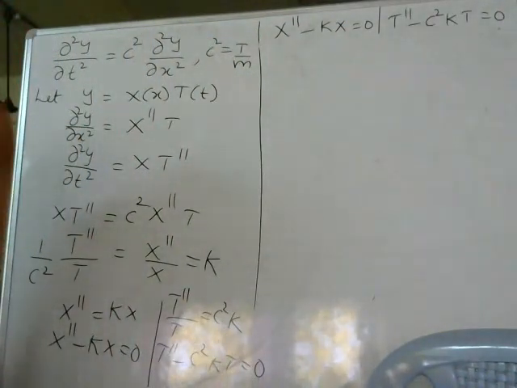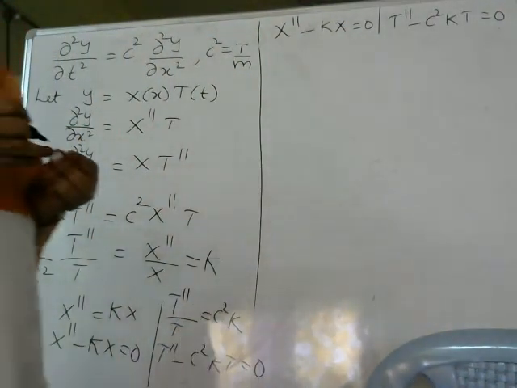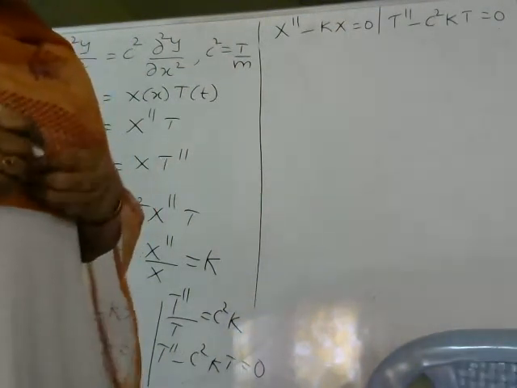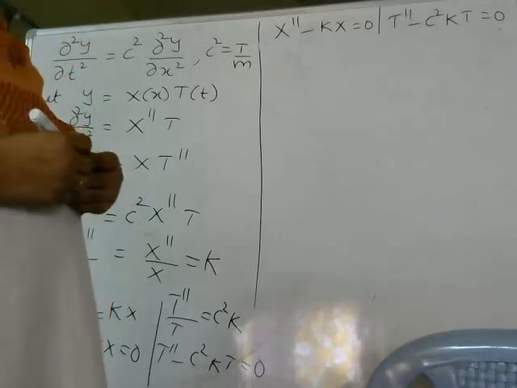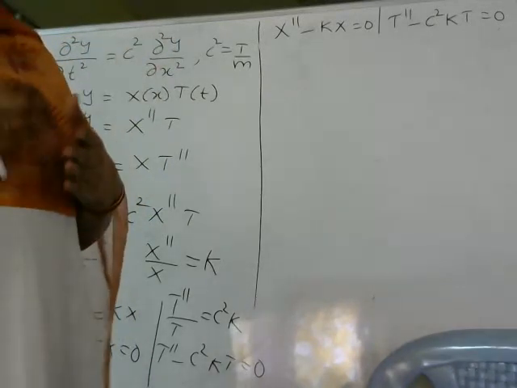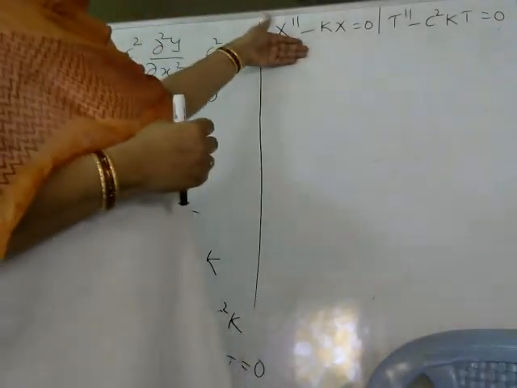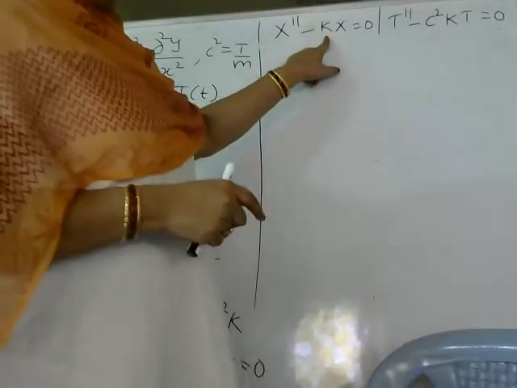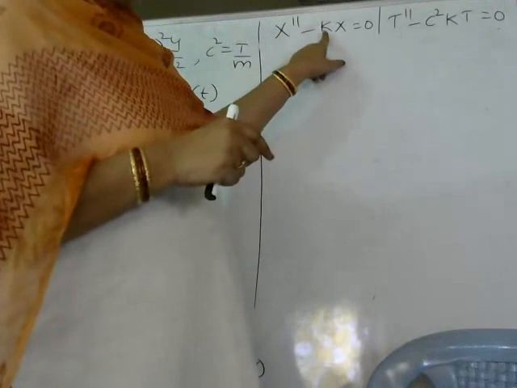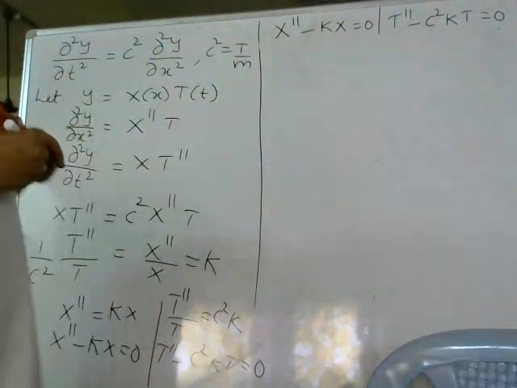And now we don't know actually what is the value of k. That k value may be a positive value, maybe a negative value, or maybe 0. Now what we do is we go with all the three cases. What will be the equation if k is positive? What will be the solution if k is negative? What will be the solution if k is equal to 0? That is what we are going to learn here now.